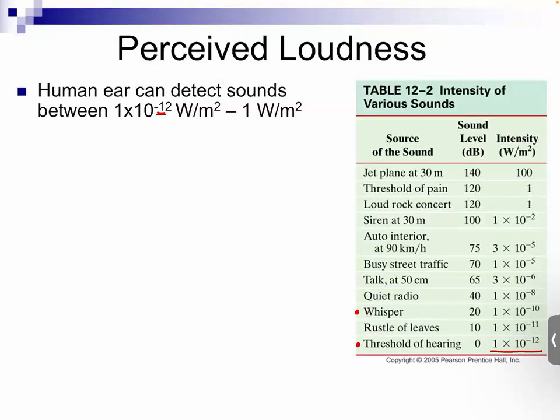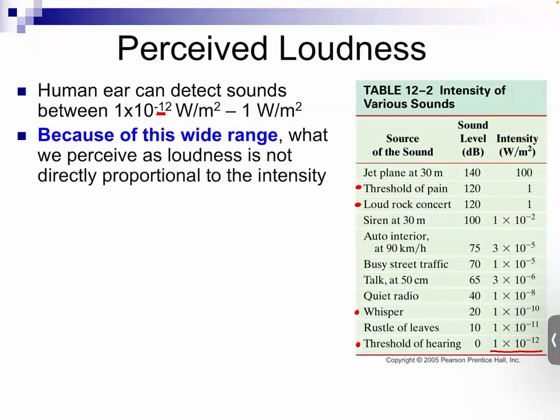A whisper has an intensity of 1 times 10 to the minus 10, so we can hear that. A loud rock concert is 1 watt per meter squared. Of course we can hear it, and that's almost painful. That's the threshold of pain, because the eardrum vibrates so vigorously that we feel the pain. So we can hear a very wide range of intensities.